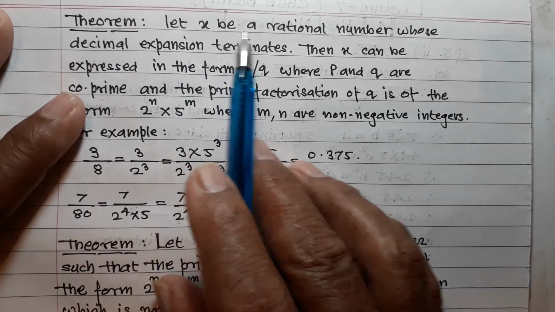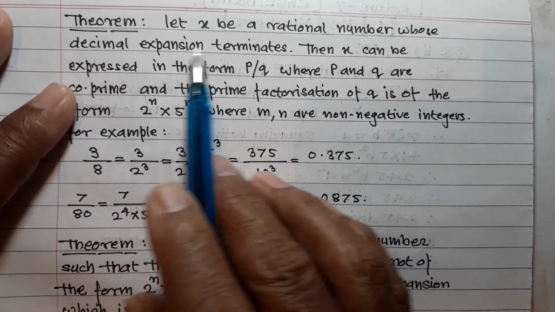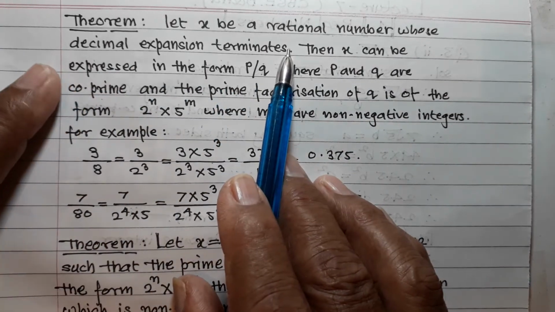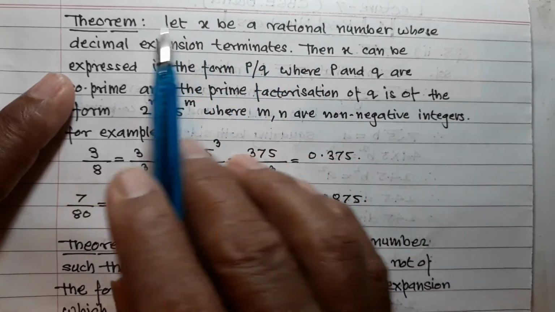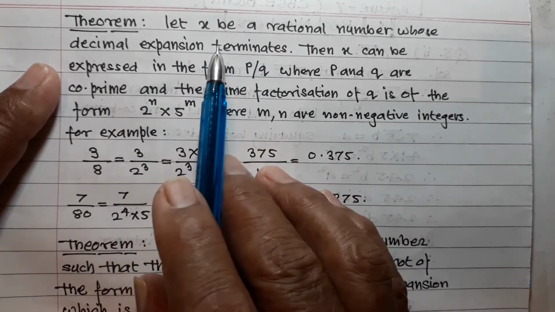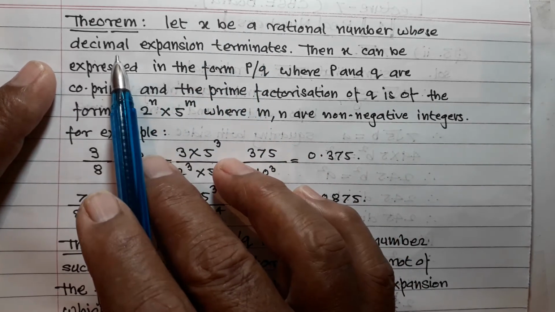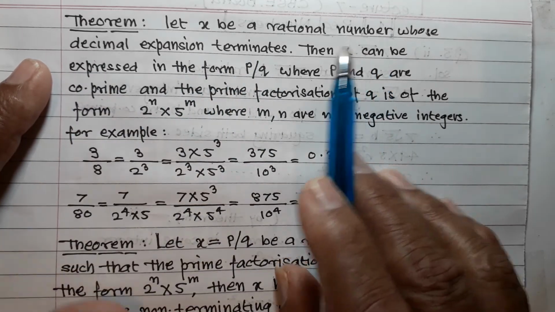Let x be a rational number whose decimal expansion terminates. So suppose x is a rational number, and if you convert this rational number into decimal expansion, then this decimal expansion terminates.